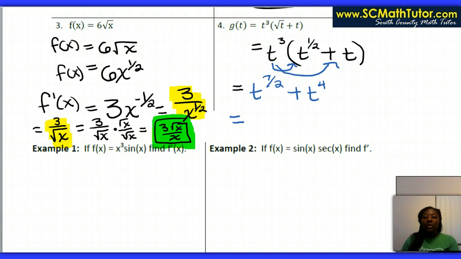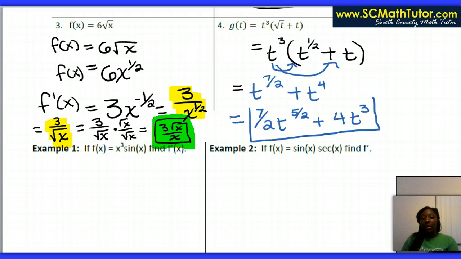Okay, so the derivative. So this is 7/2 t to the 7/2 minus 1, which is minus 2/2. So this is 5/2, plus 4t cubed. Okay, I'm doing this really quick because I believe that at this level you should know your rules of derivatives.